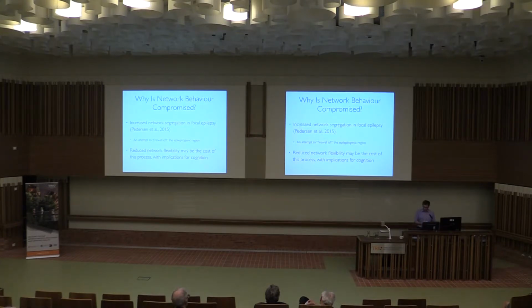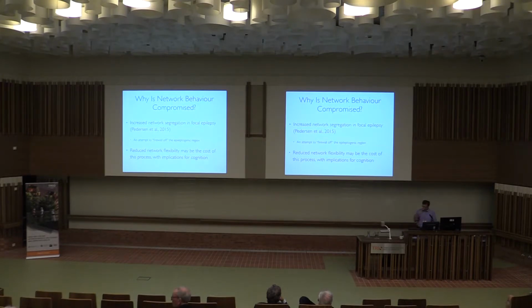Oh, seminar. So why is network behaviour compromised in focal epilepsy? Previous clinical work from our group, which may be discussed in the next talk, I'm not sure, indicates that increased network segregation is a prominent feature in focal epilepsy. One interpretation of this increased segregation is that it represents a homeostatic attempt by the brain to contain the abnormal activity patterns that are emerging from the epileptogenic region, thereby constraining the spread of this activity through the brain.